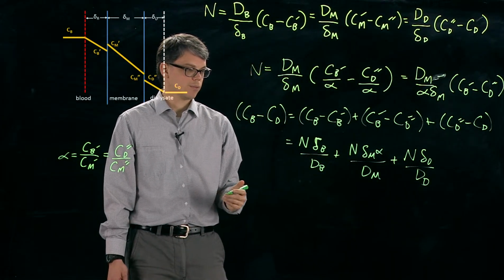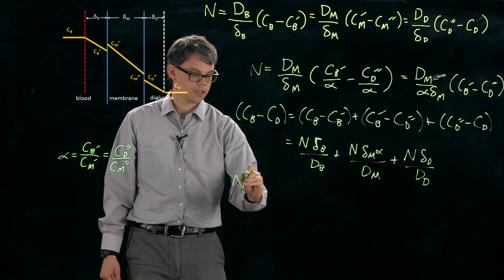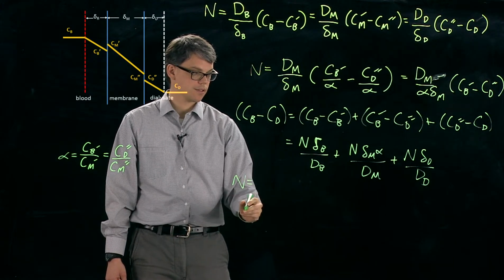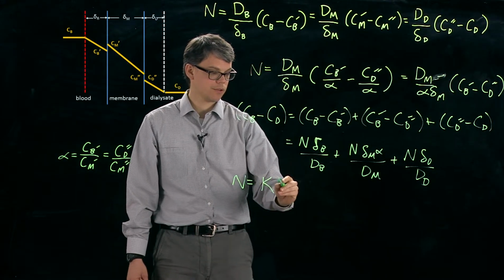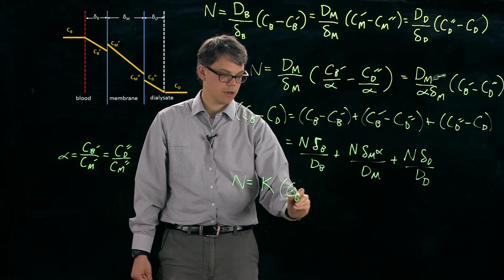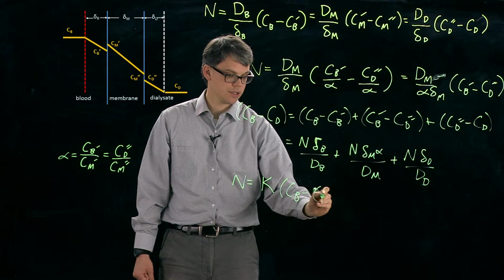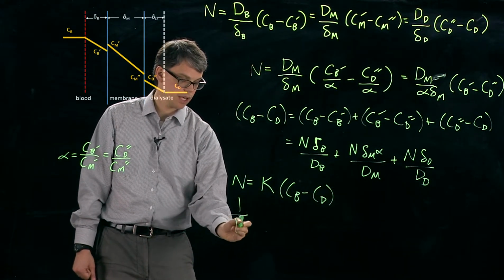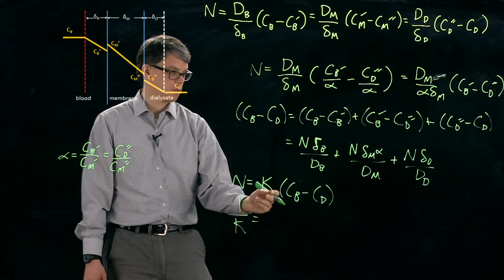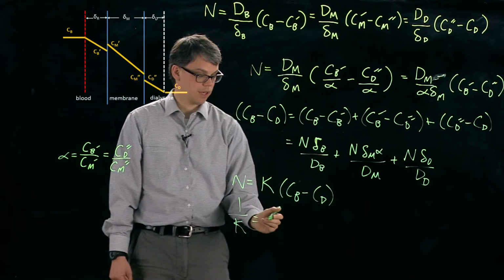So finally, we can rewrite this equation in terms of a flux, what we'll call filter coefficient, and then our concentration difference that we can measure. So what is K equal to?